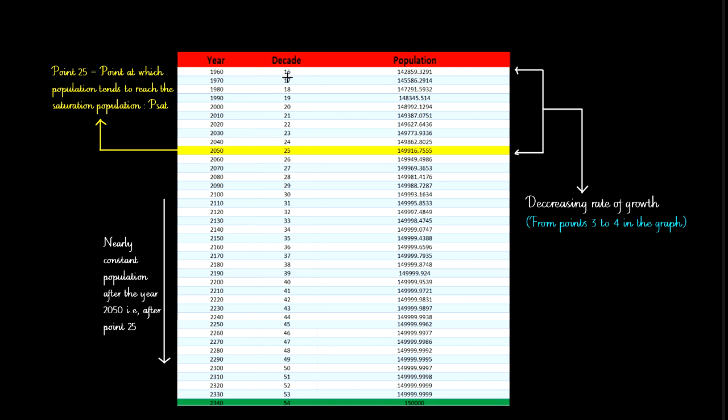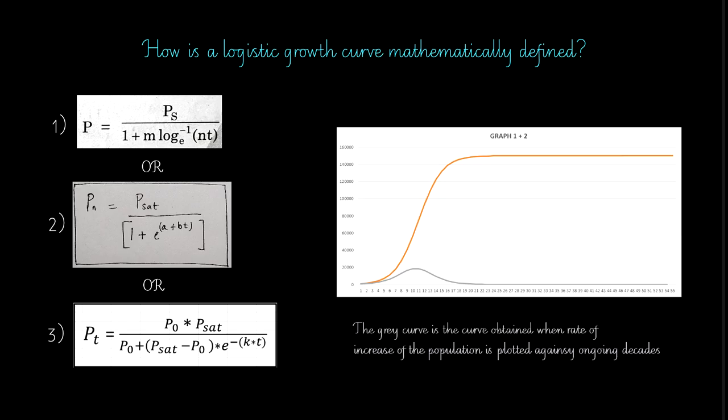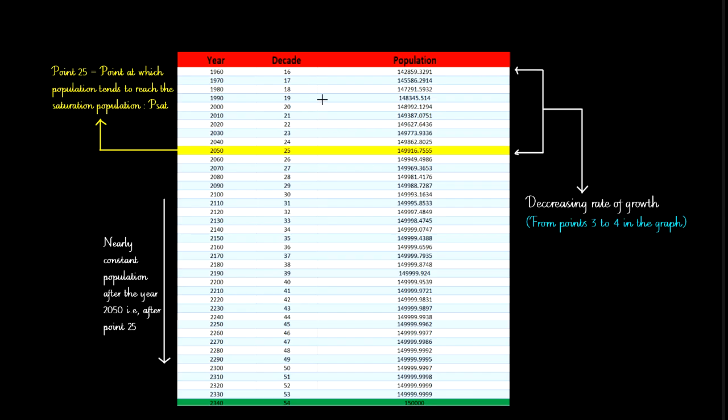From point 16 to point 25, as you are seeing, there is an increase in population, but the rate of growth of population is decreasing. You are not seeing this in this table, because this is just the table of decade versus population. Though the population is increasing, the rate of growth is decreasing. So in such situations you can use the decreasing rate of growth method.